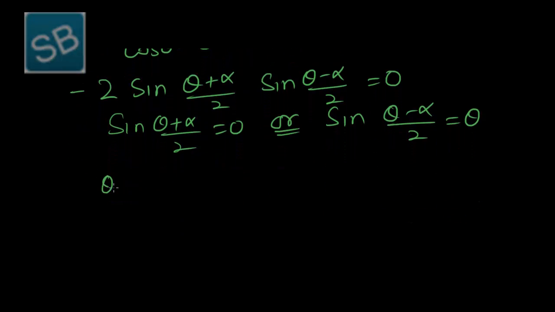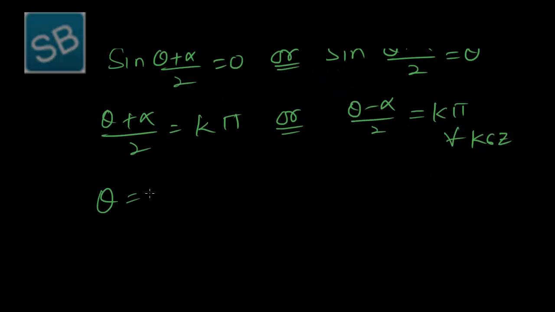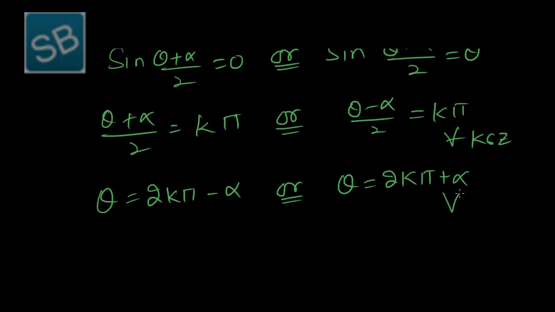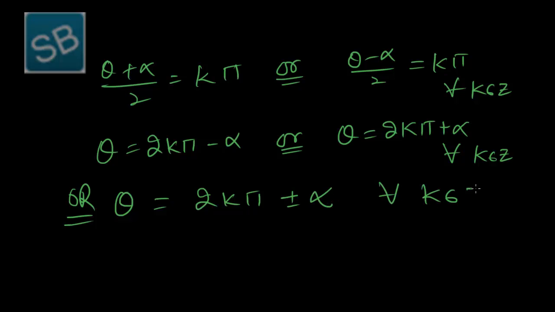Sine is 0 when (theta plus alpha) over 2 is equal to k pi, and similarly here (theta minus alpha) over 2 is equal to k pi for all k belong to Z. So we get theta is equal to 2k pi minus alpha, or theta is equal to 2k pi plus alpha. On combining these two solutions, we can write theta is equal to 2k pi plus or minus alpha for all k belong to Z.